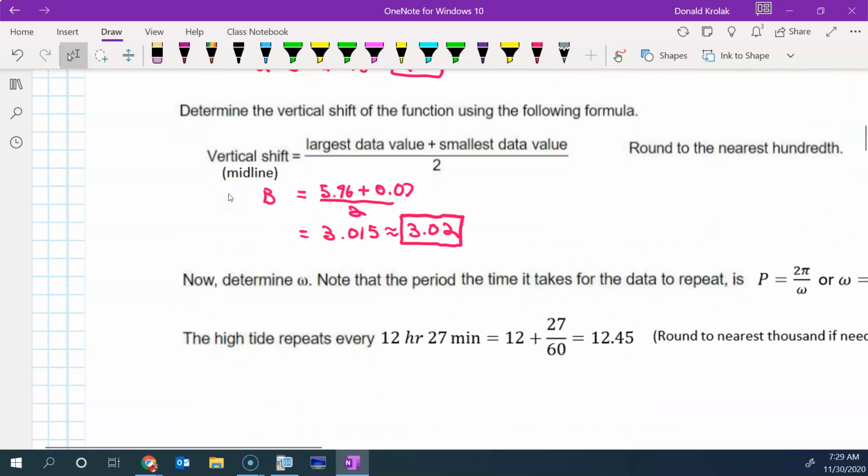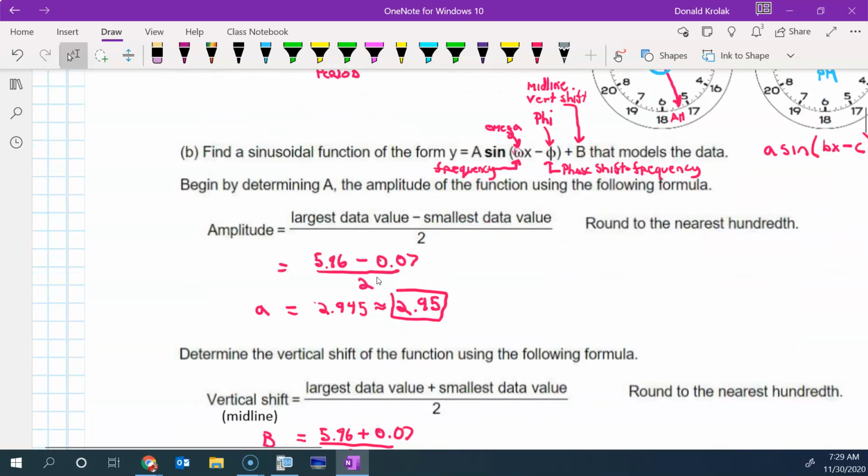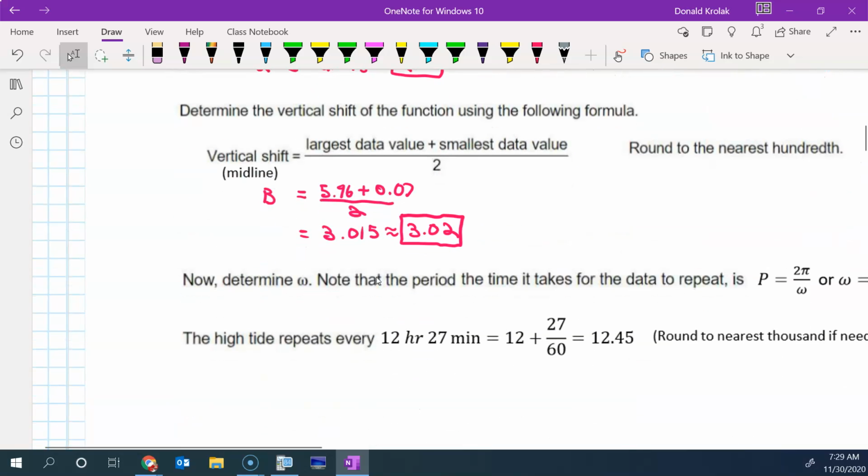Okay, and now we got to do the frequency. So our frequency, in this format, is called omega. Okay, we used to call it B. So this is your frequency.